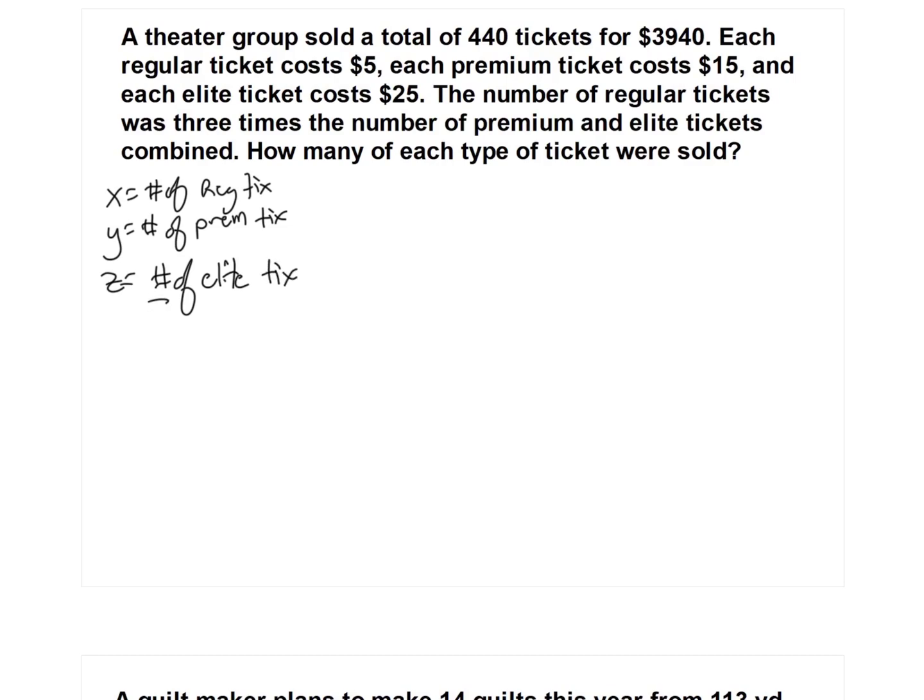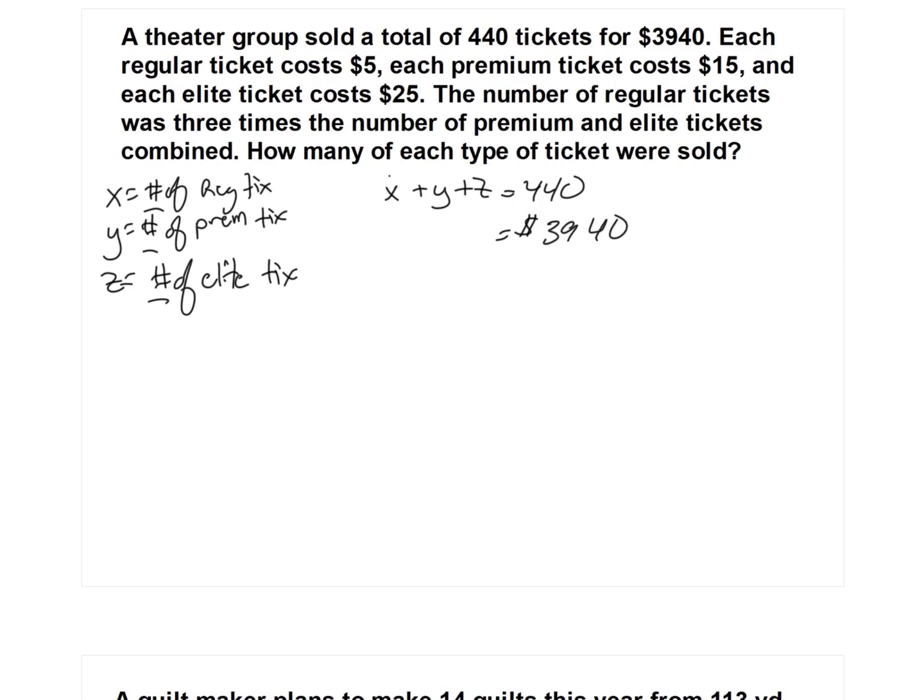Now I stress that this is the number of tickets because one of my equations will be these 3 types of tickets adding up to be 440 tickets. As I talked about in the previous video with the two unknowns, tickets plus tickets plus tickets should equal tickets. So how am I going to make those turn into dollars?